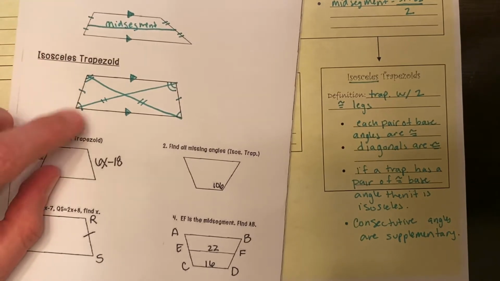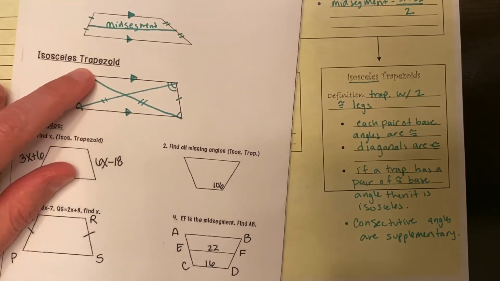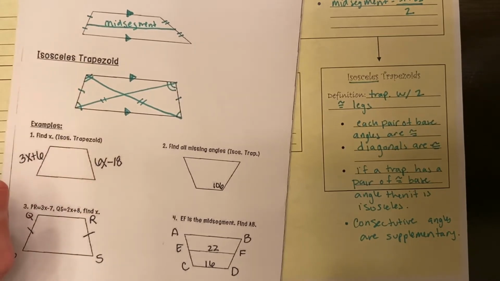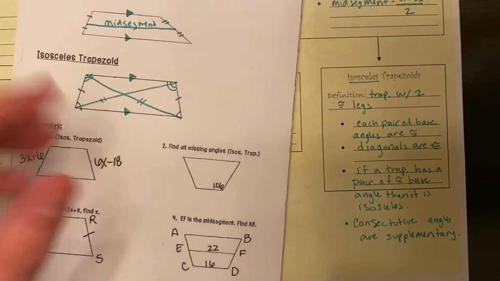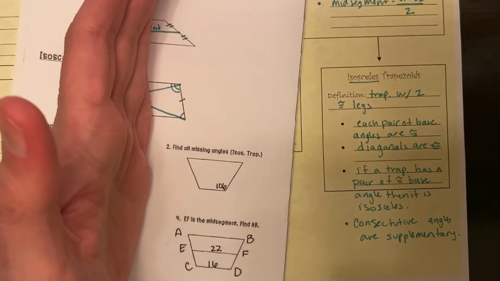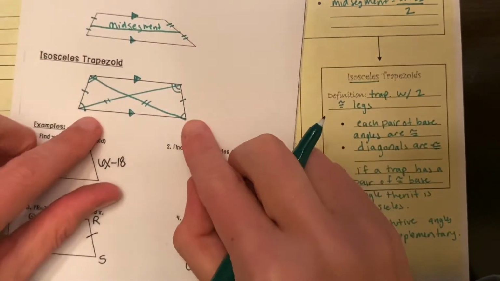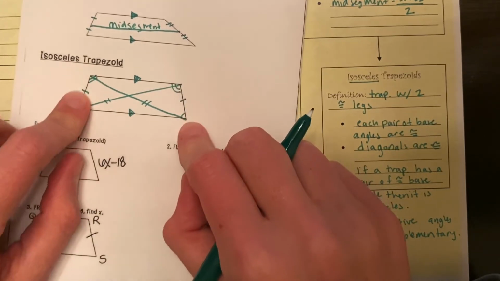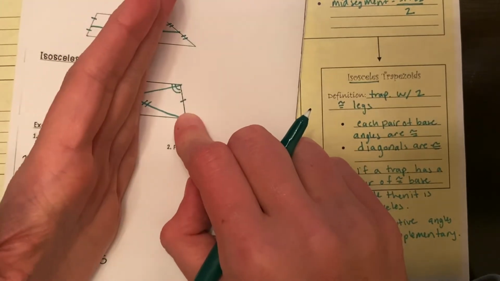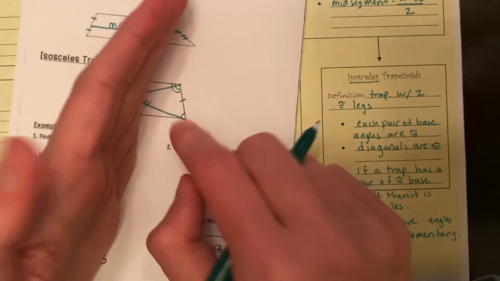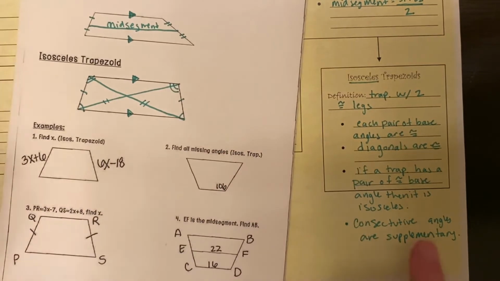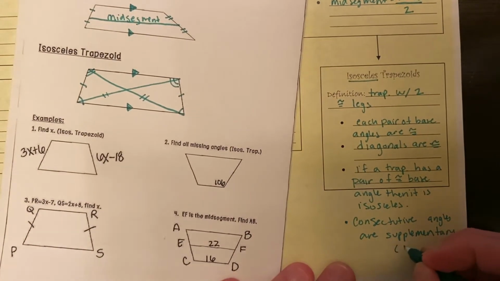When you're following the line, the first angle, and then you hit the second angle. Those angles will add up to 180 degrees. Why? Because if I was to split this in half, these angles match and these angles match, and they add up to 360 degrees. So if I split them away from each other, these two would have to add up to 180, and these two would have to add up to 180. That's why consecutive angles are supplementary. And supplementary just means they add up to 180.